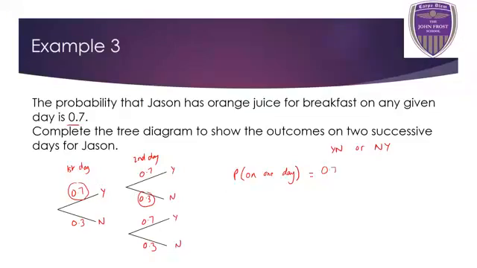So it would be 0.7 multiplied by 0.3, or, in probability, "or" means to add the probabilities up, no on the first day and yes on the second day. So 0.3 multiplied by 0.7, and then it's a case of working these out. So 0.3 multiplied by 0.7 gives me 0.21, and 0.3 times 0.7 gives me another 0.21. And if I add those two probabilities up, then altogether that gives me a probability of 0.42 that he has orange juice on 1 day only.